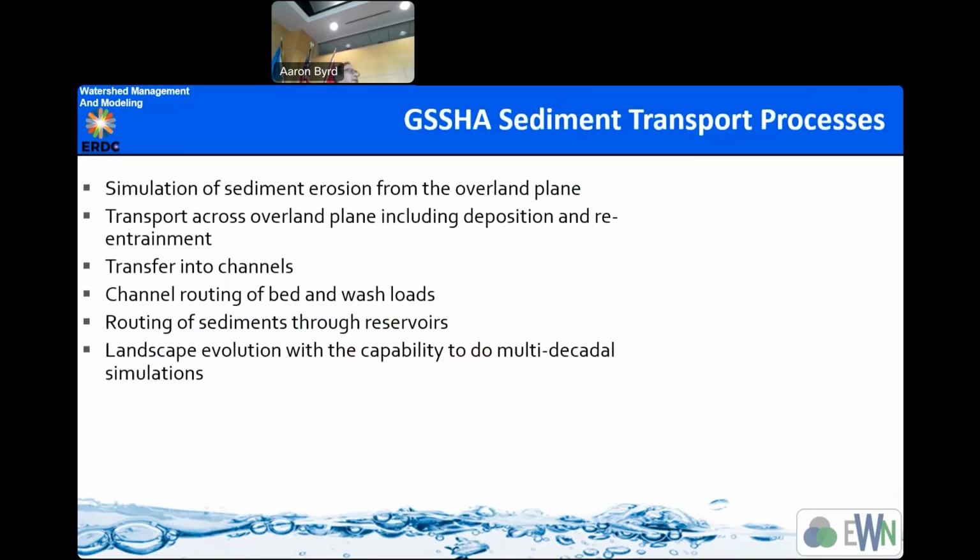This is a general highlight of the overall picture of how the sediment functions in GSSHA. There is sediment overland erosion. The overland erosion basically happens by, we call it the source of sediment, two main triggers in overland.